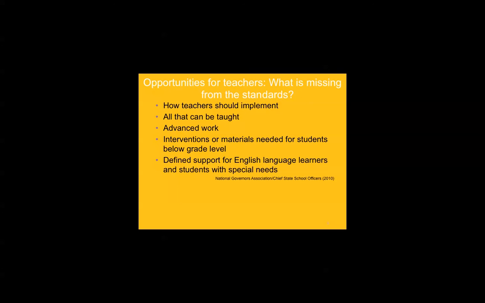And there's other things that are missing from the standards too, but for the sake of what we're looking at here and what I'm developing in this website, I'm focusing on how teachers should implement it. Some struggles, though, that I've heard, well, what are we doing to support English language learners or students with special needs? It's a hard concept to achieve, is to raise rigor and not leave these students behind.